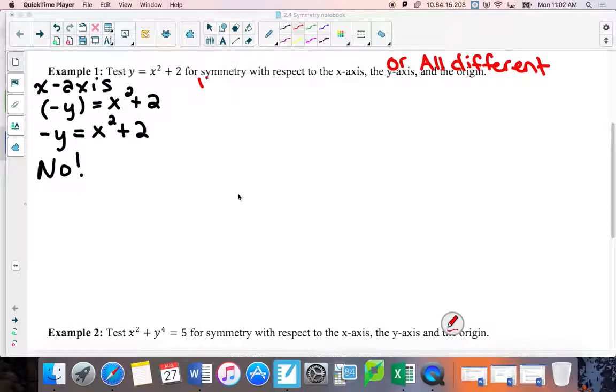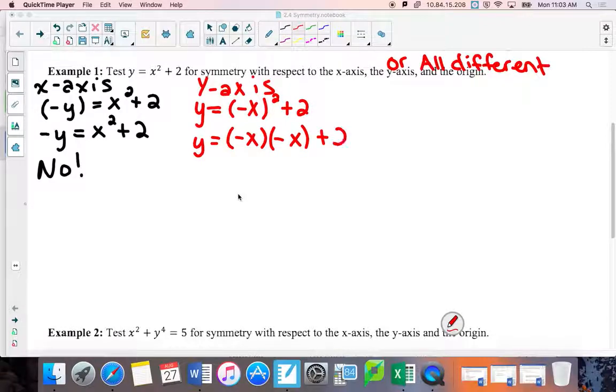Okay, let's test the y-axis. So we're going to replace x with negative x. Now simplifying this, it's still going to be y equals, now negative x squared is negative x times negative x. So I'm going to just write that out so we can see that. Remember, to square means to multiply by itself.